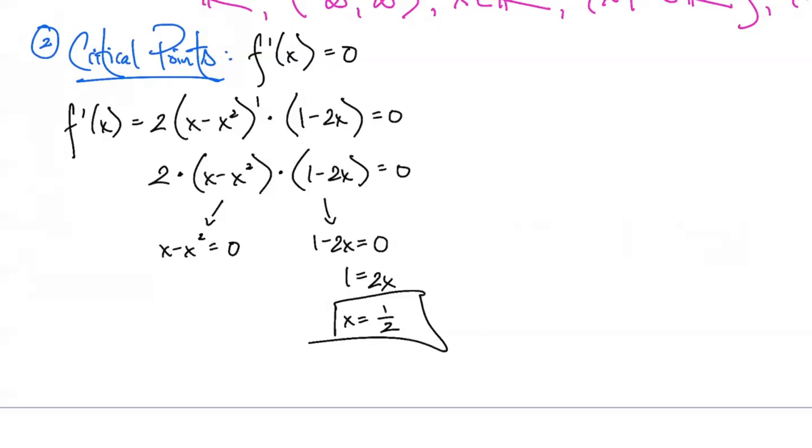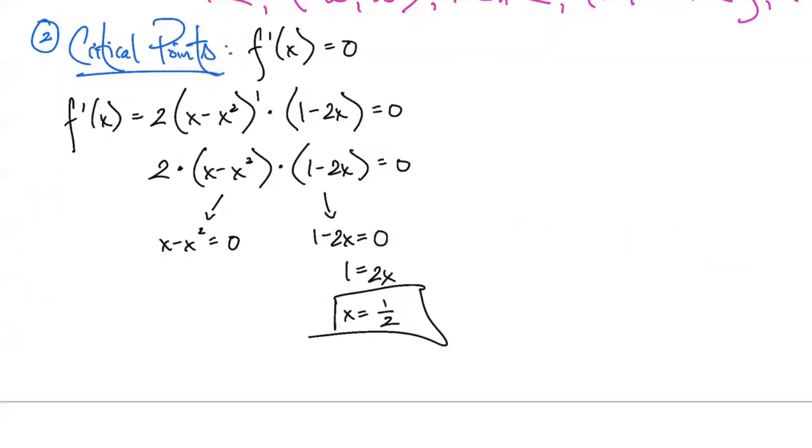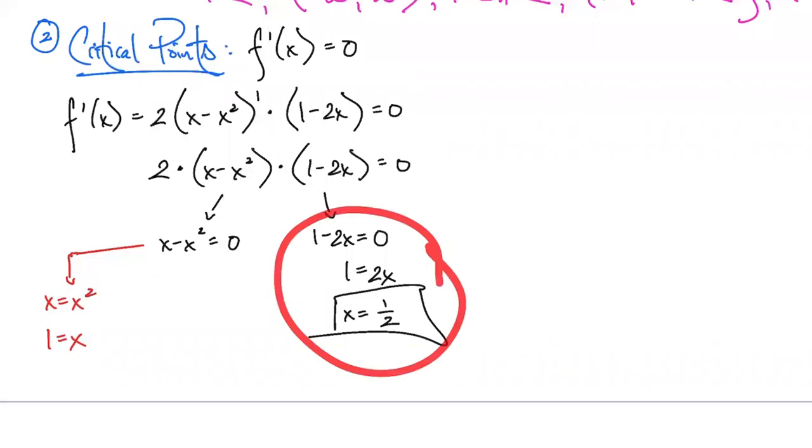I want to make a point right here about one of the most common mistakes that I've seen people make. They add something to one side, and it looks so much like what we just did over here.